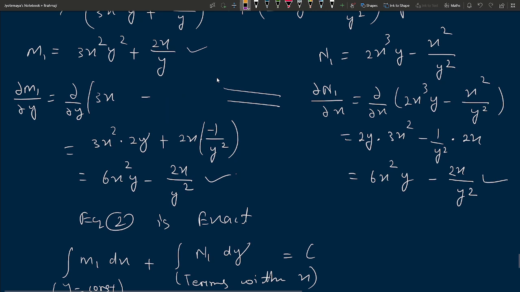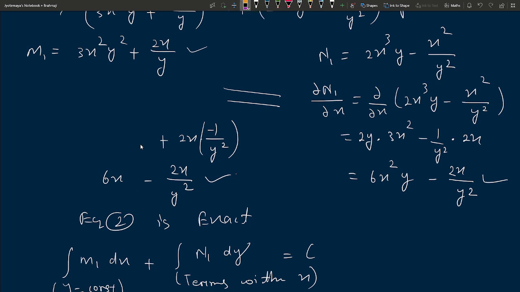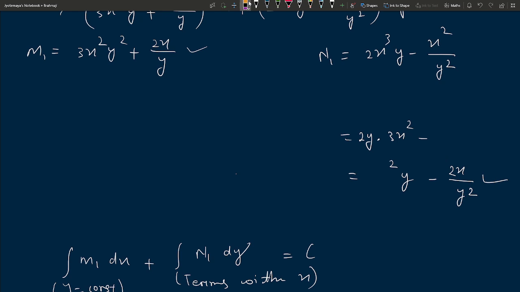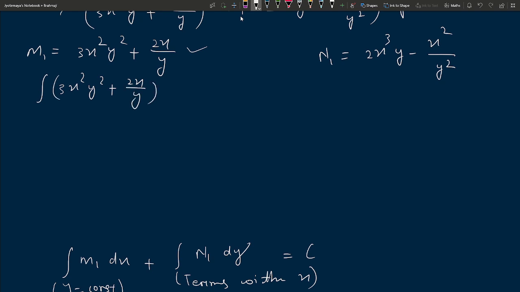Let me erase all those things. Okay, so integration of (3x square y square plus 2x by y) dx plus integration of terms without x.